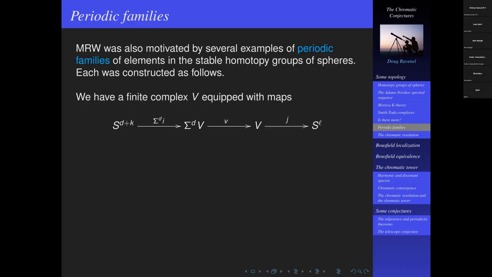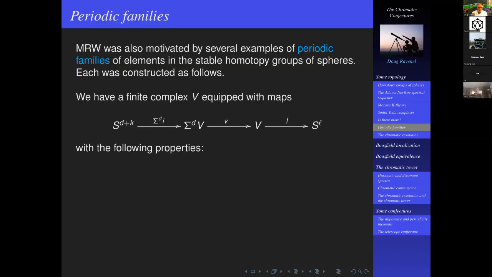The map in the middle, which I'm denoting here by lowercase v, is a map from some suspension of big V to big V. The map on the left is a map from a sphere of some dimension into sigma d of V. And the map on the right is a map from V to a sphere of some dimension. The numbers k and l will be named later.